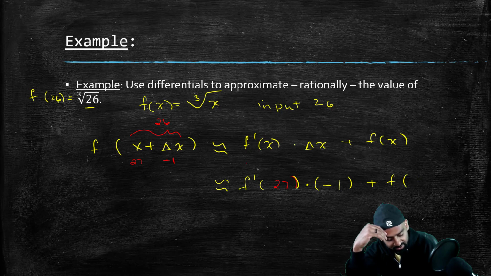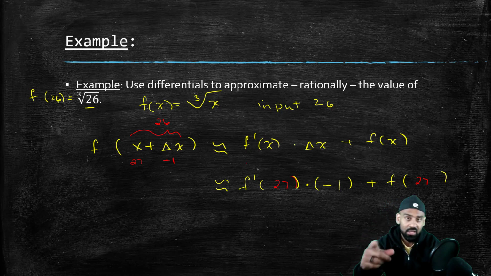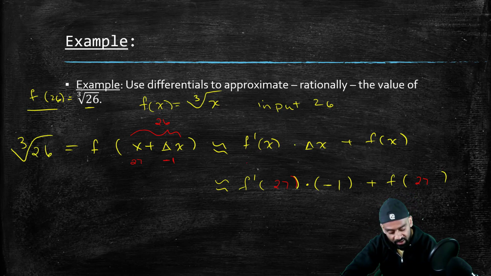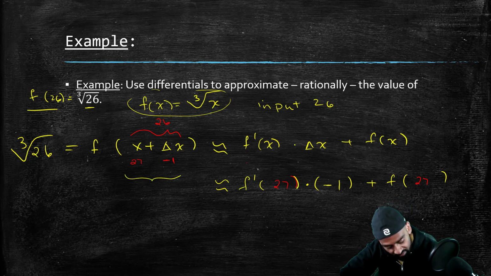And I want you to take a look at what I have here. This is pretty outstanding, to be honest: I can figure out what f of 27 is, and I can figure out what f prime of 27 is because I have a function. What I can't figure out is what f of 26 is. So what I'm using is a differential to help me approximate what f of 26 is. And f of 26, we've already talked about, is just the cube root of 26. So I'm going to write the cube root of 26 as f of 26 when the function is defined as this, and then we just plug in the values accordingly. So it's all about making this connection in red. That's super huge. All right, let's see if we can grind through this.